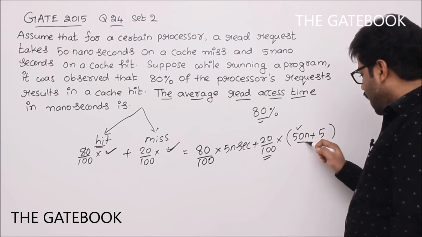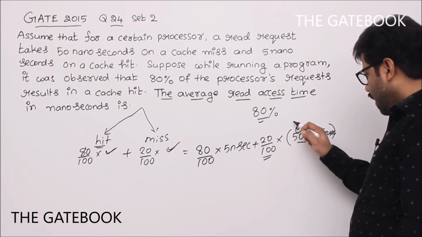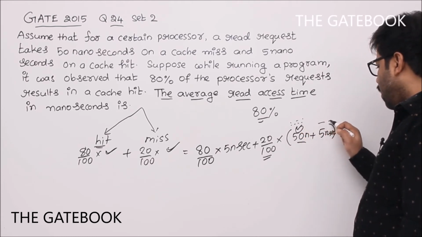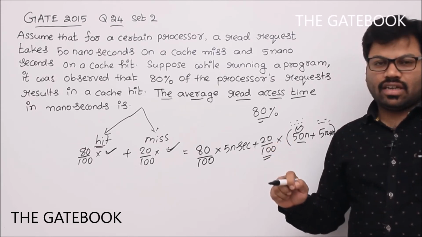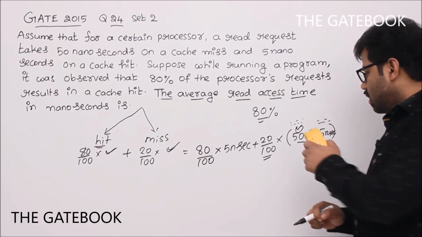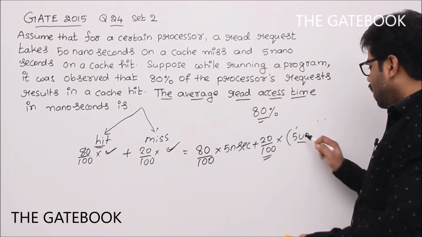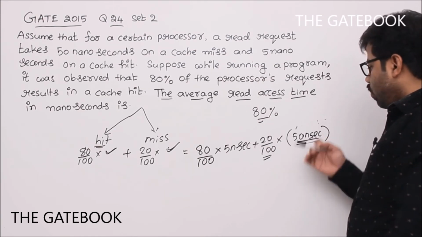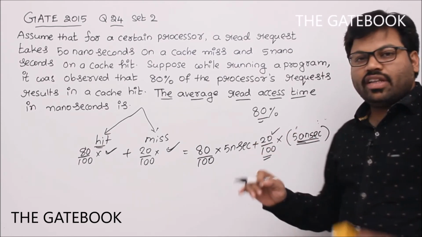The 50 plus 5 formula applies when you assume 50 nanoseconds as main memory access time and 5 nanoseconds as cache access time. But here these are not explicitly cache access time and main memory access time. They have clearly mentioned that this entire 50 nanoseconds is the total amount required to fetch the data when there is a cache miss.